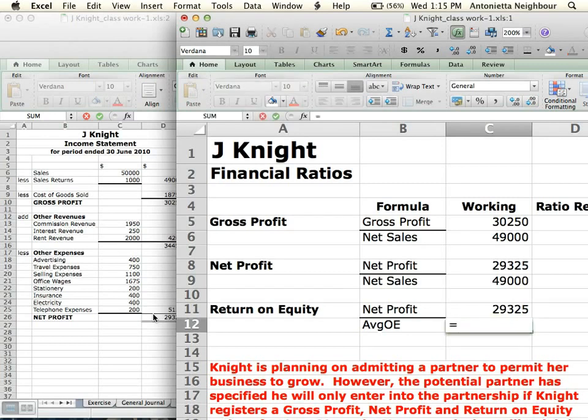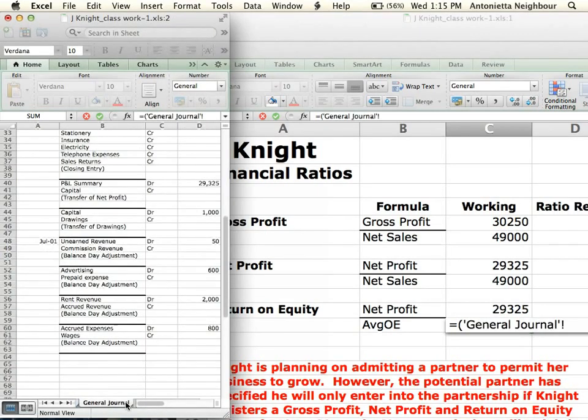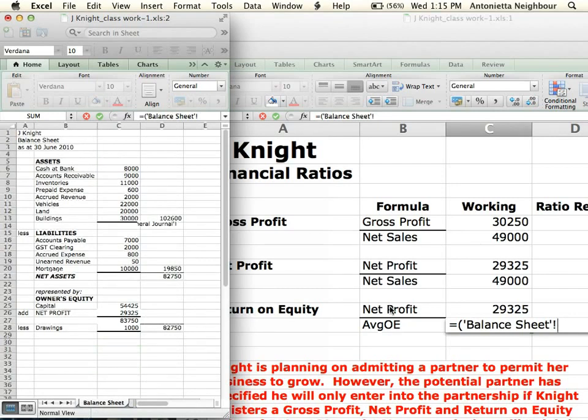$29,325. Now my average owner's equity is going to equal, and I need to open my brackets. And I need my balance sheet for this one, so I'll need to cross to my balance sheet over here. Average owner's equity equals equity at the beginning, and equity at the beginning for this business is $54,425.